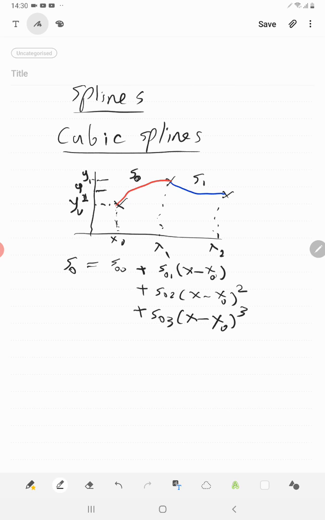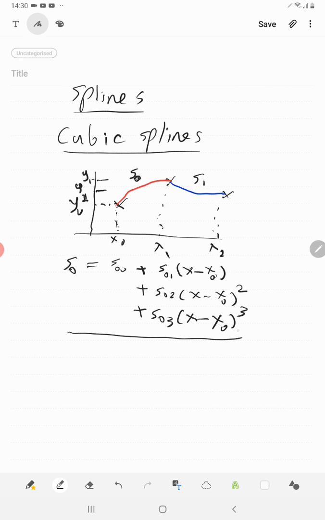So that's why we call it cubic. We have 3 parameters: one is linear, S0,1, one quadratic, S0,2, and one cubic, S0,3, plus a constant, S0,0.